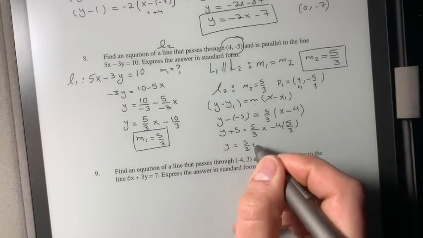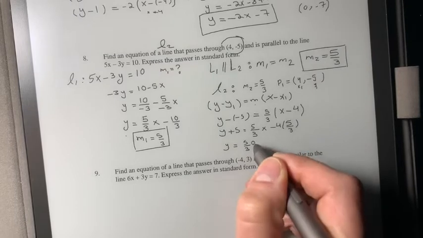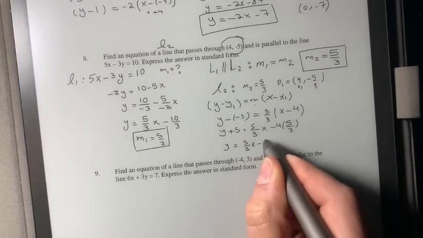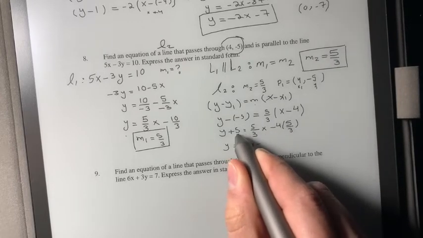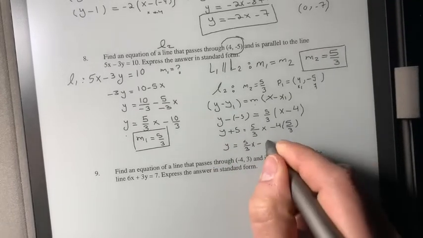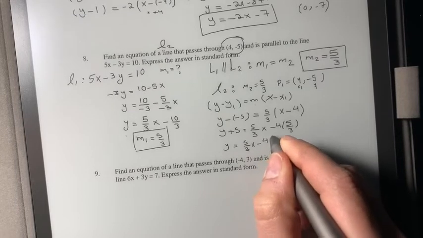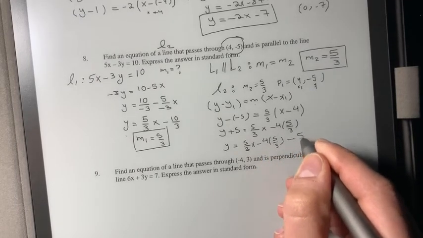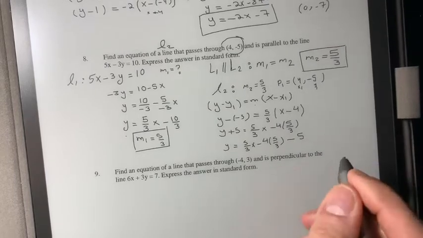So what I'm doing here, I'm going to bring this 5 to the other side. We are subtracting 5 from both sides, correct? 4 multiplied by 5 over 3 minus 5. We subtracted 5 from both sides.